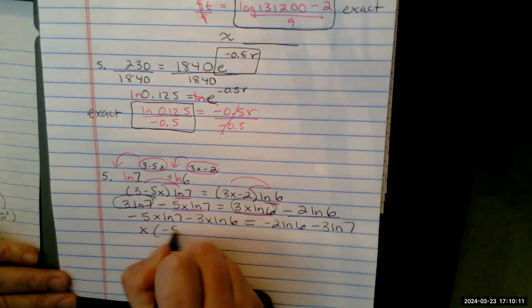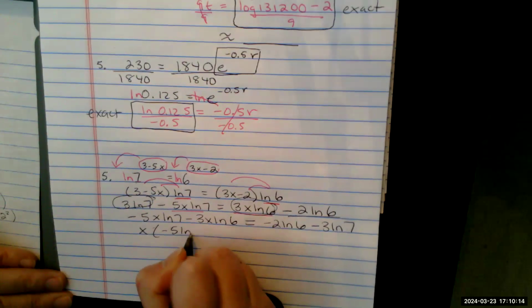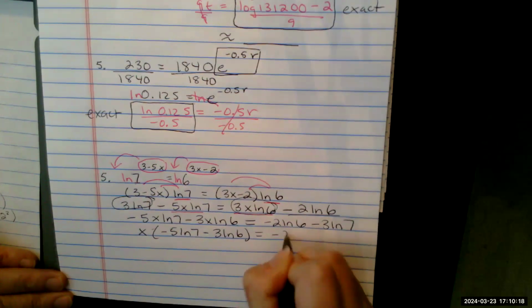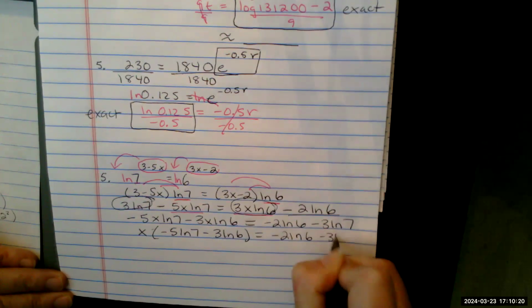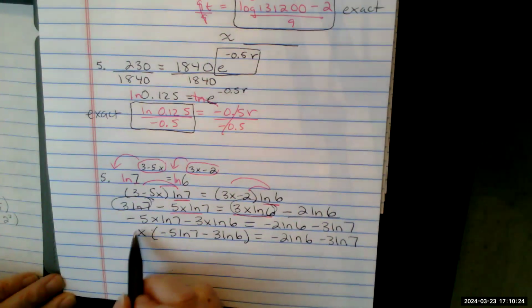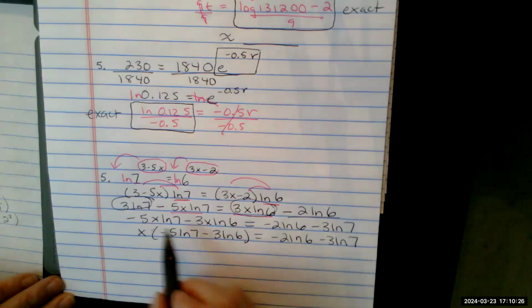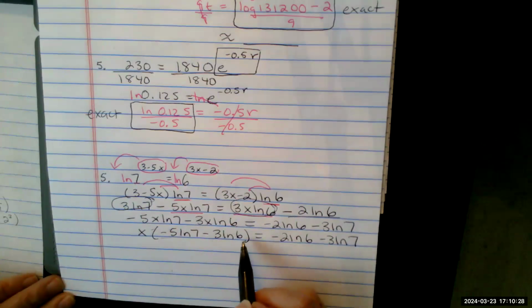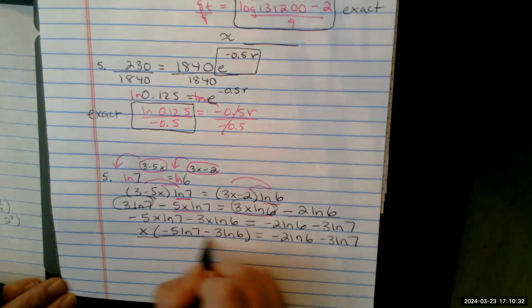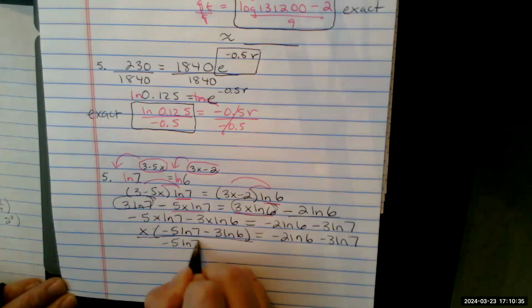And so now I can factor it out and it'll finally be by itself. So now I went from two separate x's to just one nice x by itself that's being multiplied by all of this. So I can get rid of all of this in one step by dividing by the whole thing.